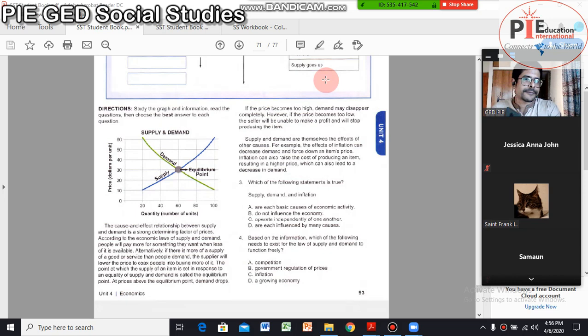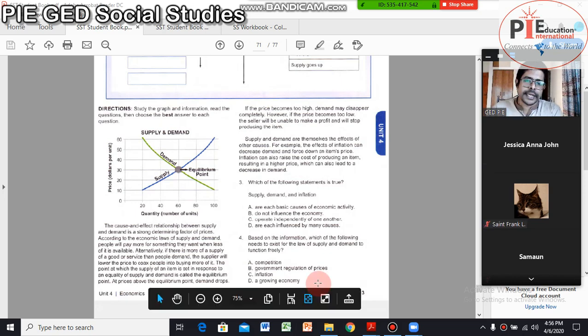Okay, all right. So let's look at this. Number A, competition. Number B, government regulation of prices. C, inflation. D, a growing economy. Which of these needs to exist for the law of supply and demand to function freely? If there's a growing economy, then obviously there should be a law of supply and demand that functions freely.